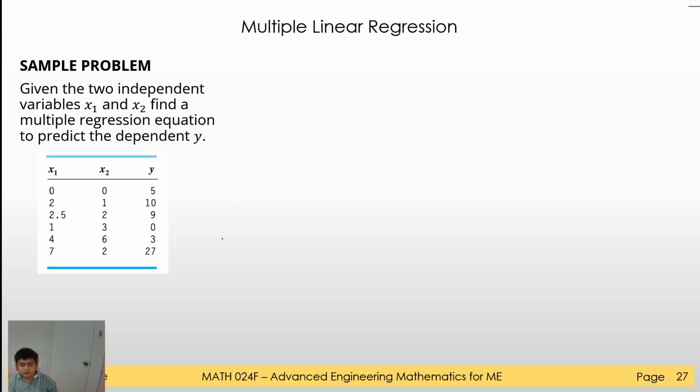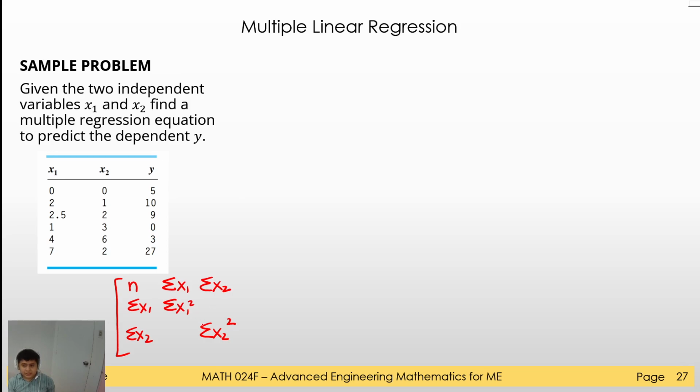So again, the formula that we should use is, okay, so we have n, no? And then we have the summation of x1, and then here we have the summation of x1 squared, and then here the summation of x2 squared, and then we have the summation of x2 here, the summation of x2 here, right?